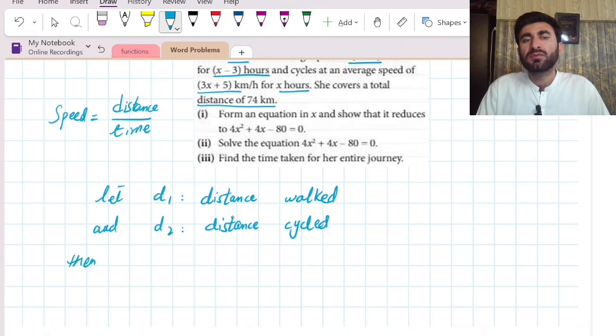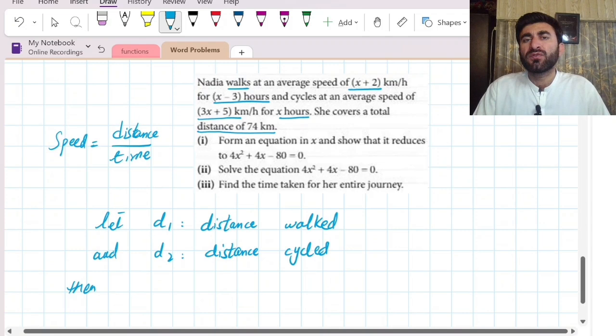When we are talking about distance walked, we know the speed was x plus 2 km per hour. So x plus 2 equals d1 divided by the time, which was x minus 3 hours.